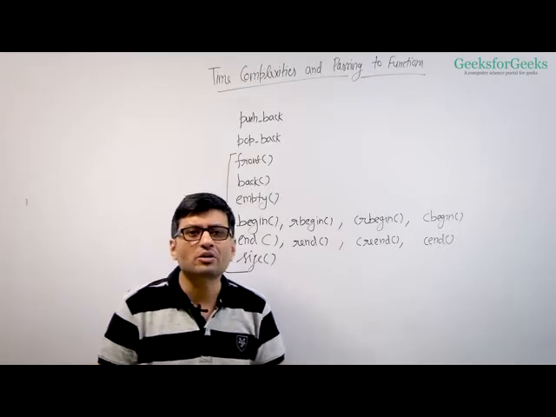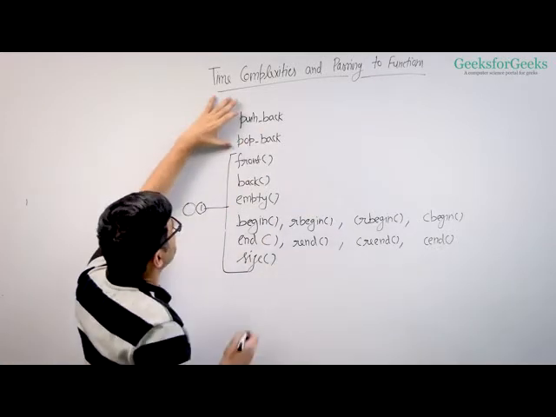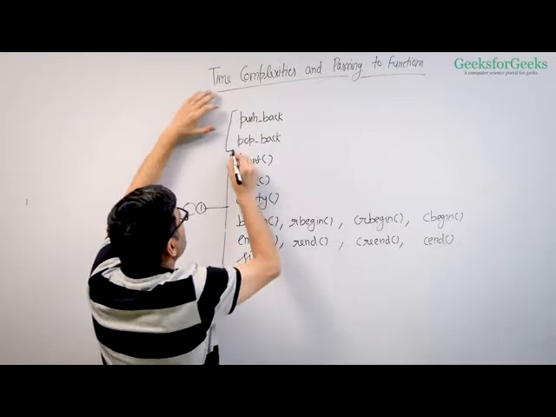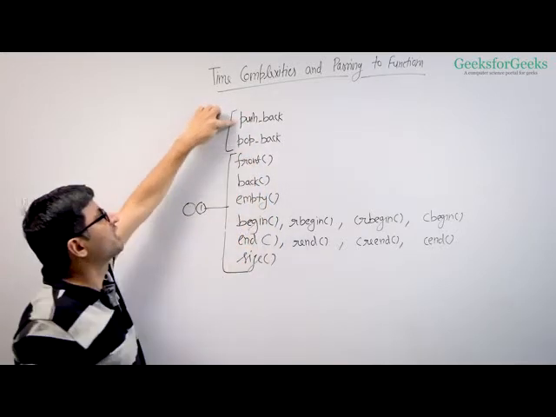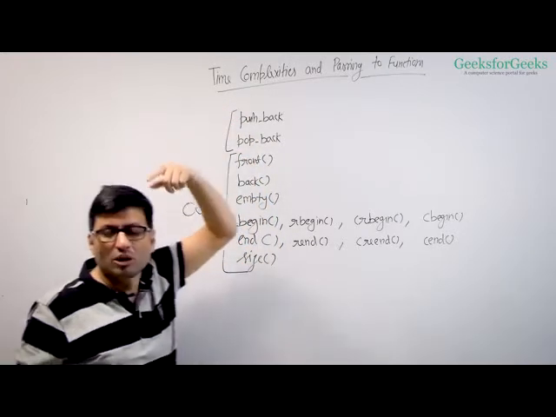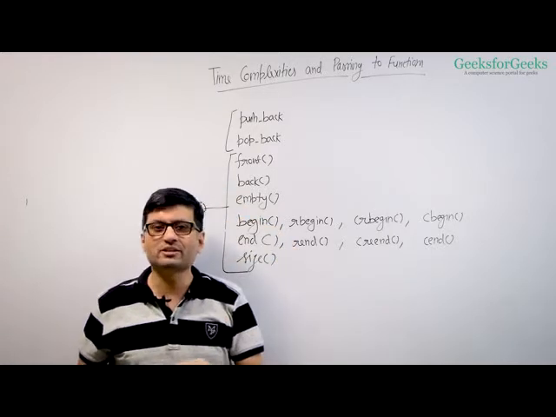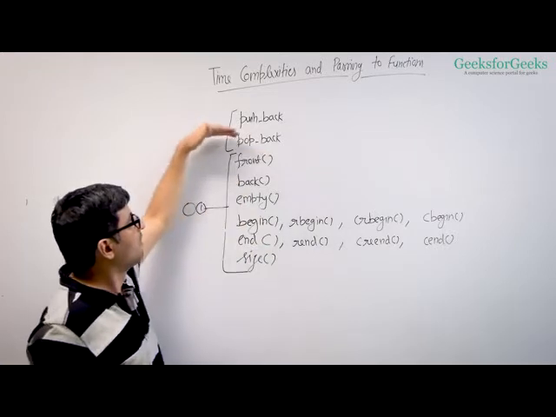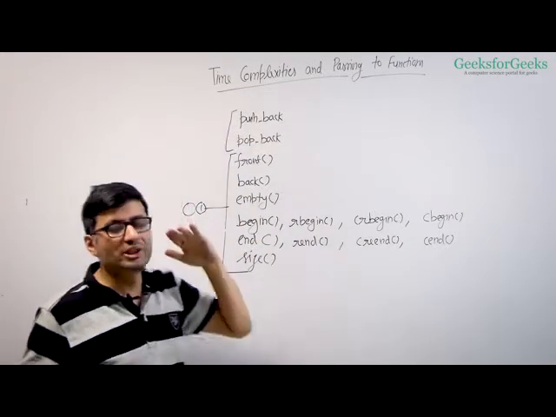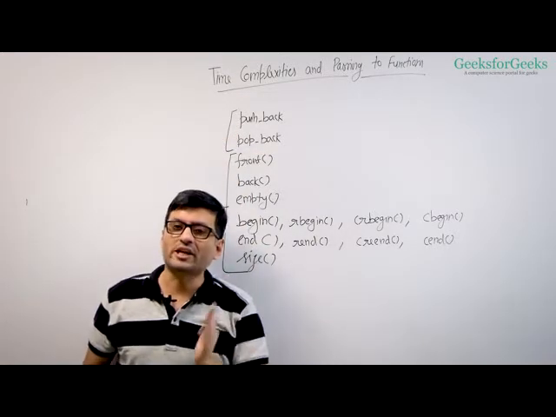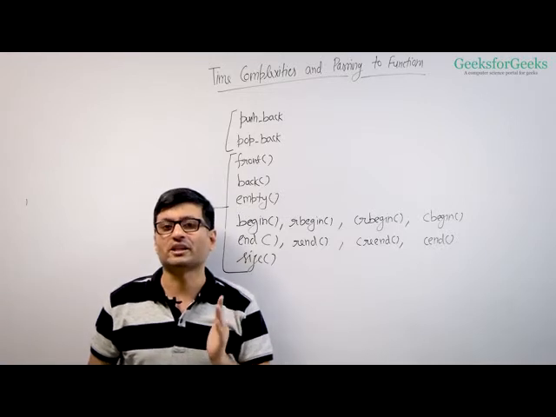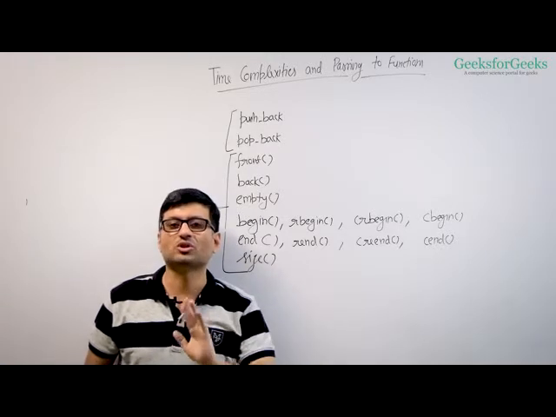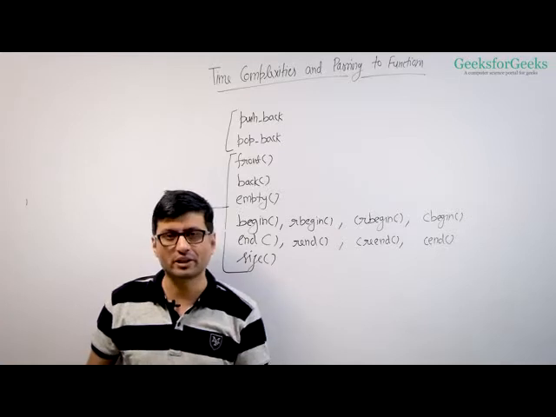Let us talk about the remaining two functions in this list. Push_back we have already talked about. In the worst case, there might be an operation which is big O of n, but on average, it works in big O of 1 time. Pop_back function removes the last element. The C++ standard says that the pop_back function has to remove the last element and has to update the size.